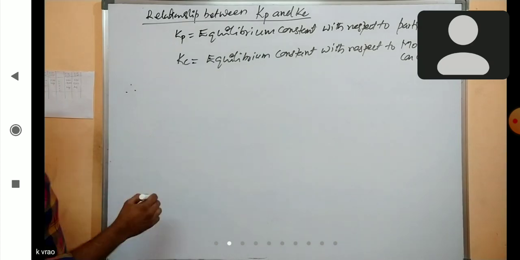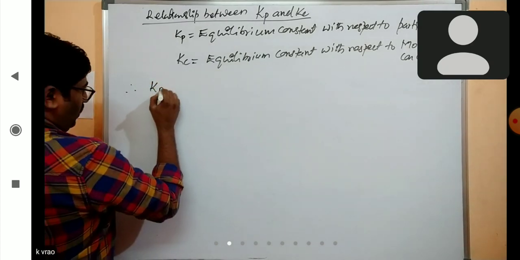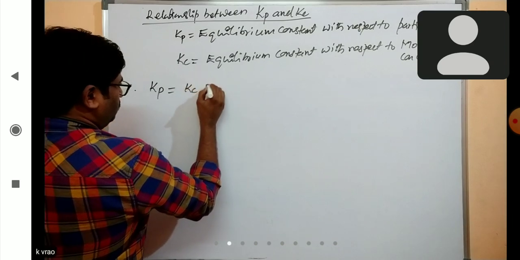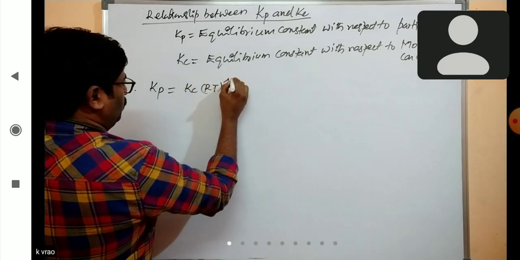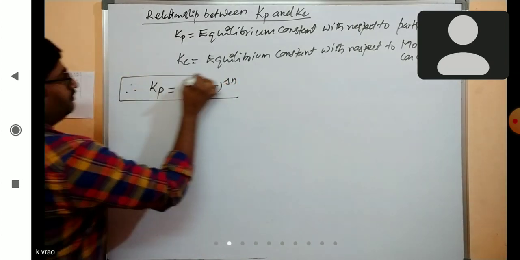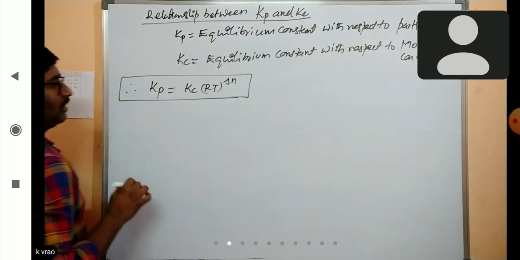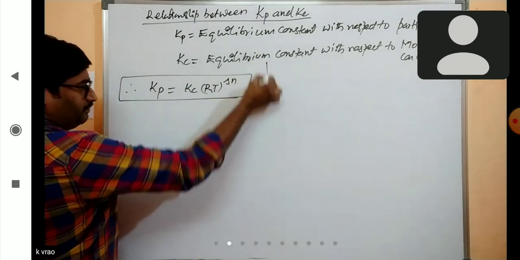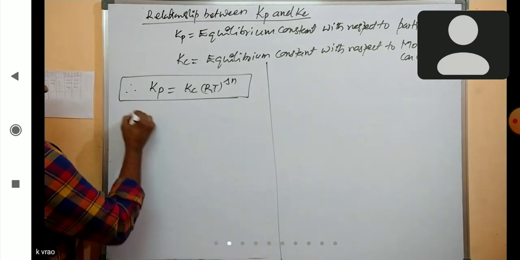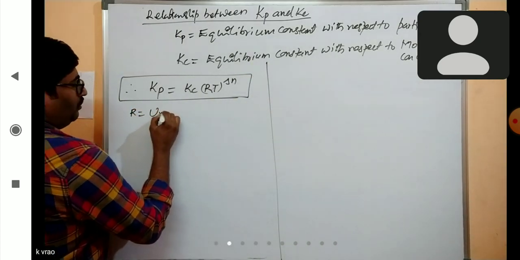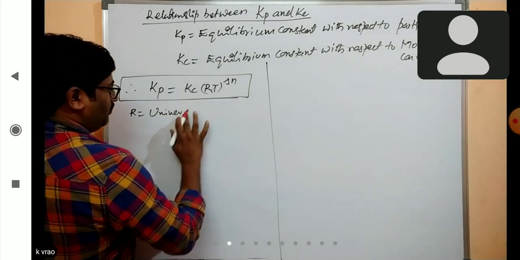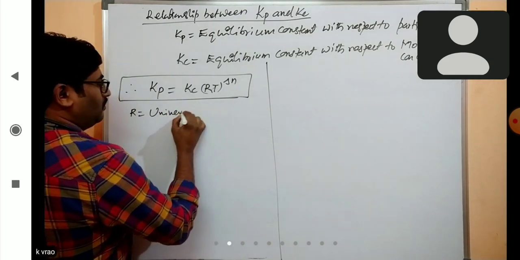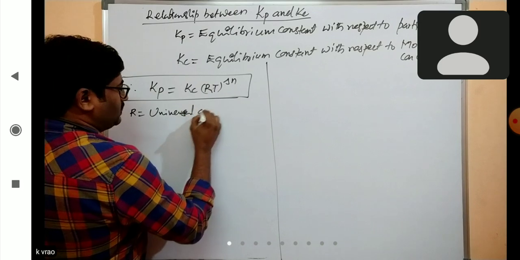Therefore, the Kp-Kc relation is Kp is equal to Kc into RT whole power delta n. R is equal to universal gas constant.